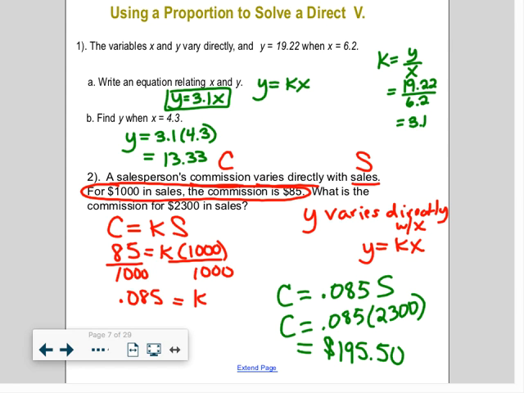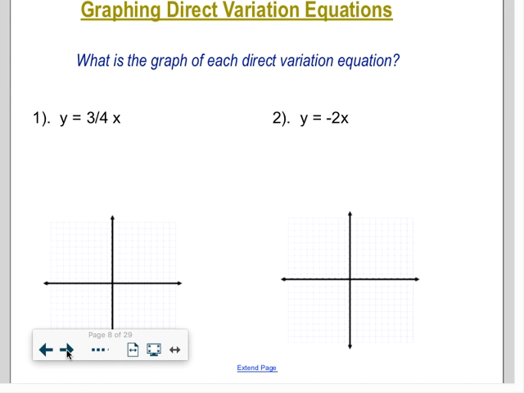What is the graph of each direct variation equation? The cool thing is, when you're graphing, direct variation is always through the origin. Let's write that down. Direct variation is always through 0, 0.